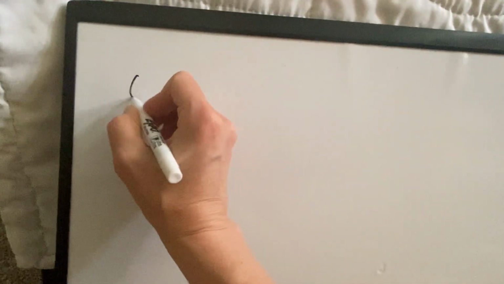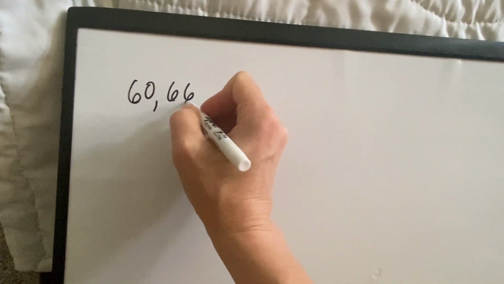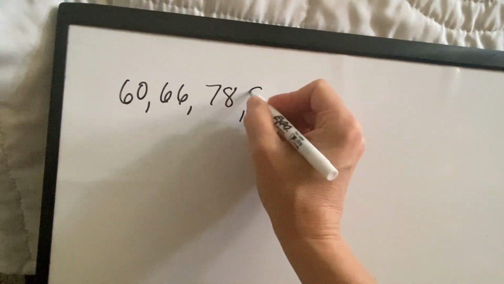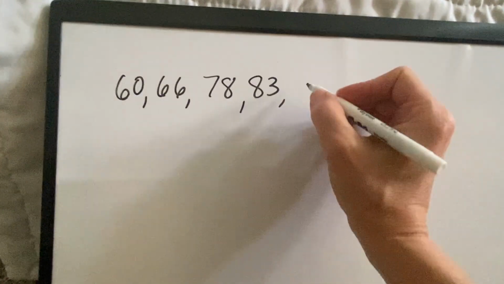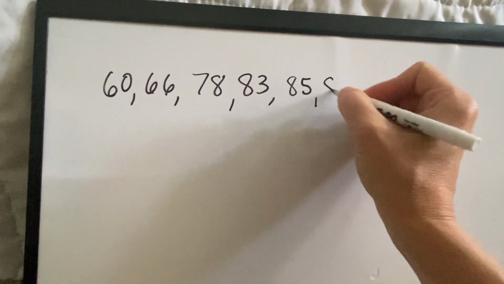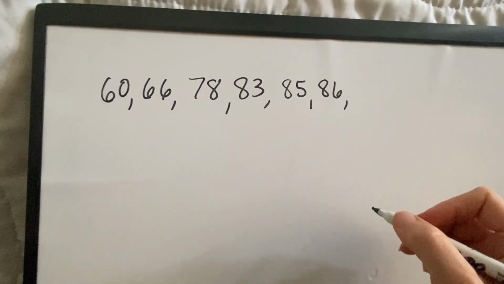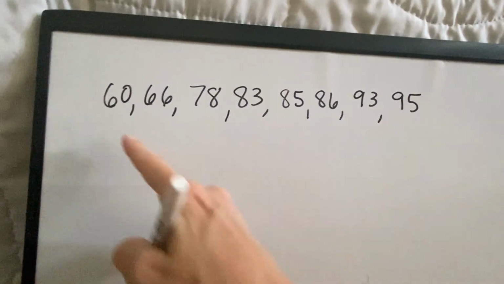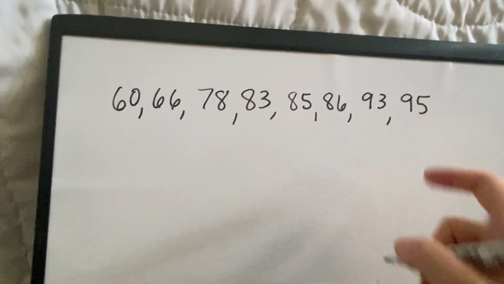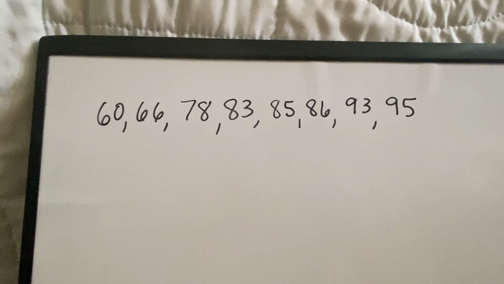We've got 60, 66, 78, 83, 85, 86, 93, and 95. Okay, 1, 2, 3, 4, 5, 6, 7, 8. So there should be 8 of them.